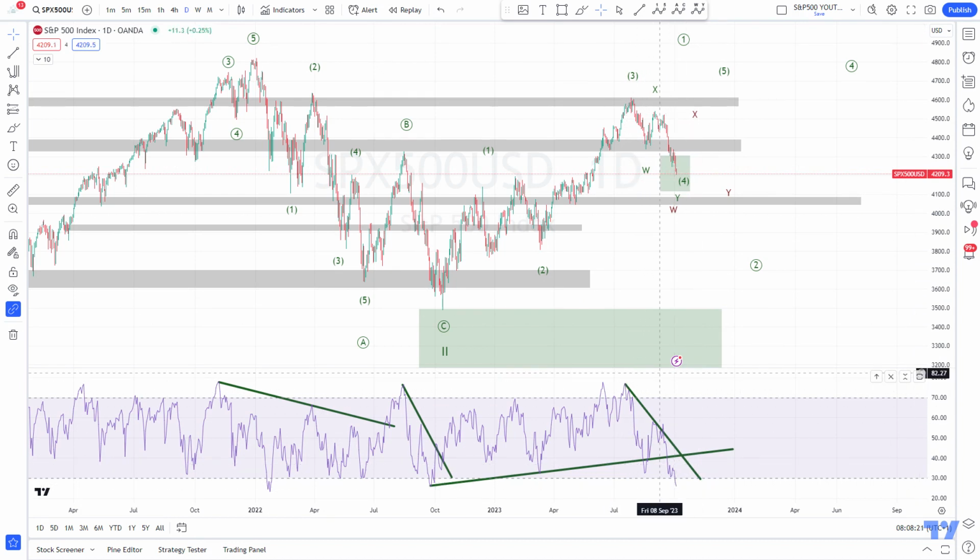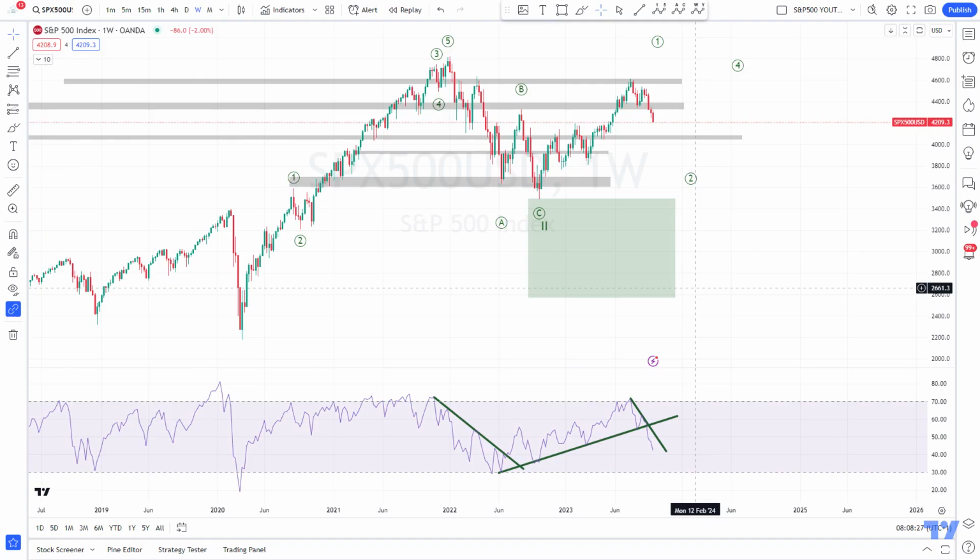We are still in this downward cycle. Also in the weekly, we broke this RSI trend line, but this is normal behavior for a wave 4. So it's important that we come up again. If this has to be a wave 4, we need to start to move up again, so that we can break this RSI trend line from below, and that we end here with divergence.